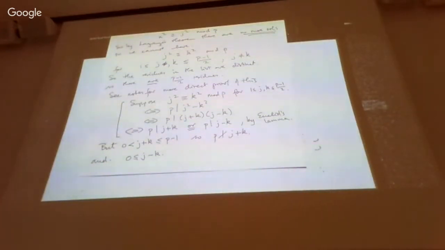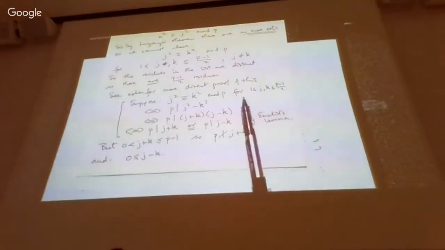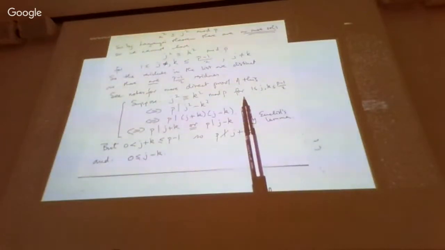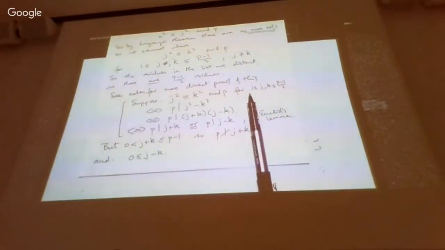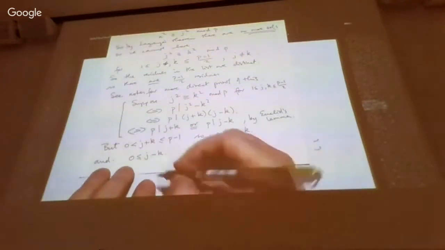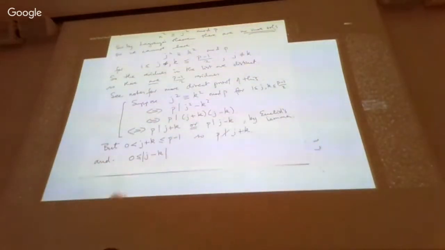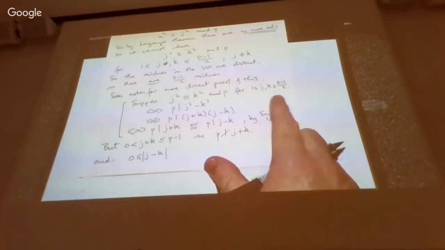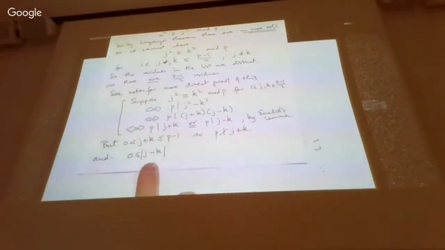Well, j and k come from here, so the biggest their difference can be is when one of them is at one end and the other one is at the other end. So when k is equal to 1, and I better talk about absolute value here because we don't know which one is the bigger one. So what's the largest?